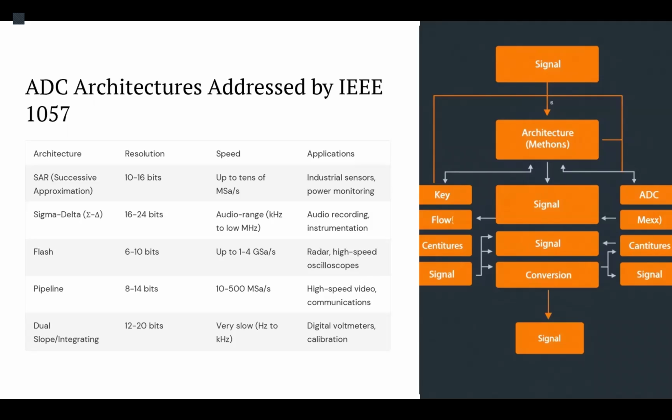Because of the speed of sampling, it makes the flash architecture very suitable for high-speed oscilloscopes and radar systems. So you see how the architecture and its characteristics make a difference in performance and make each of these architectures suitable for different applications.